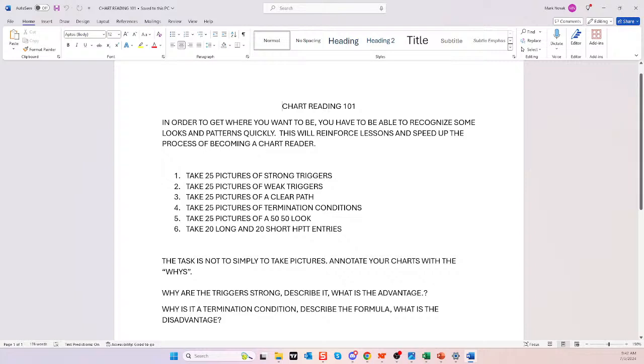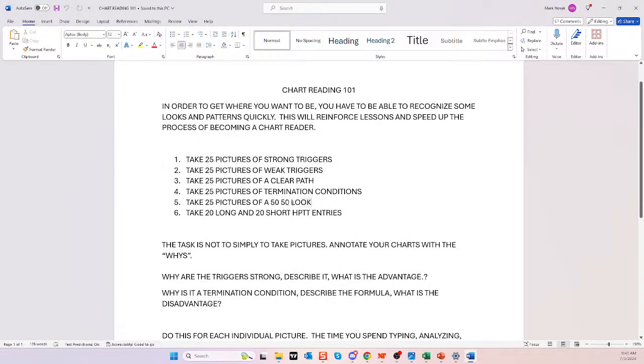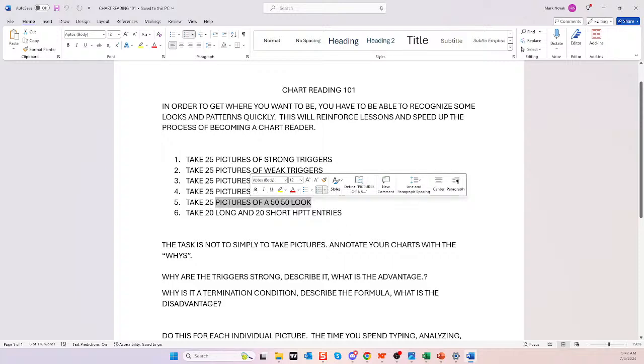If you take 25 pictures of a clear path and 25 pictures of a termination condition, you're probably never going to accidentally trade into a termination condition, because you're going to speak to yourself in terms of those rules every time price reaches an area. And then the same thing with that potential to break, guys, that 50-50 look. You're going to understand when that's present. You're going to understand that the advantages aren't there.